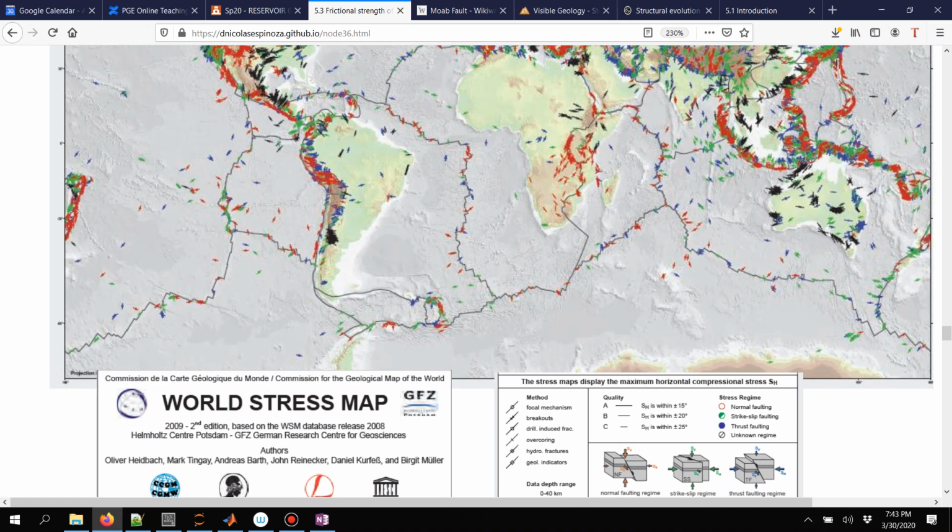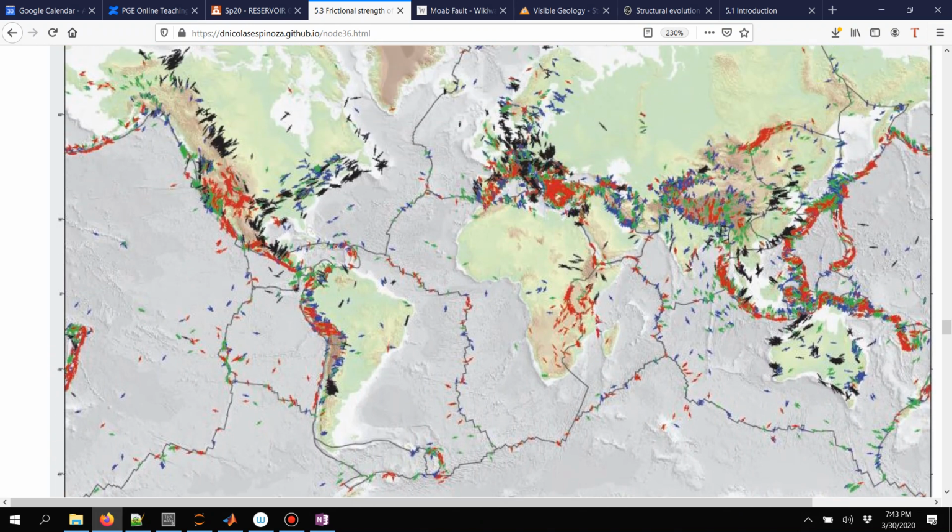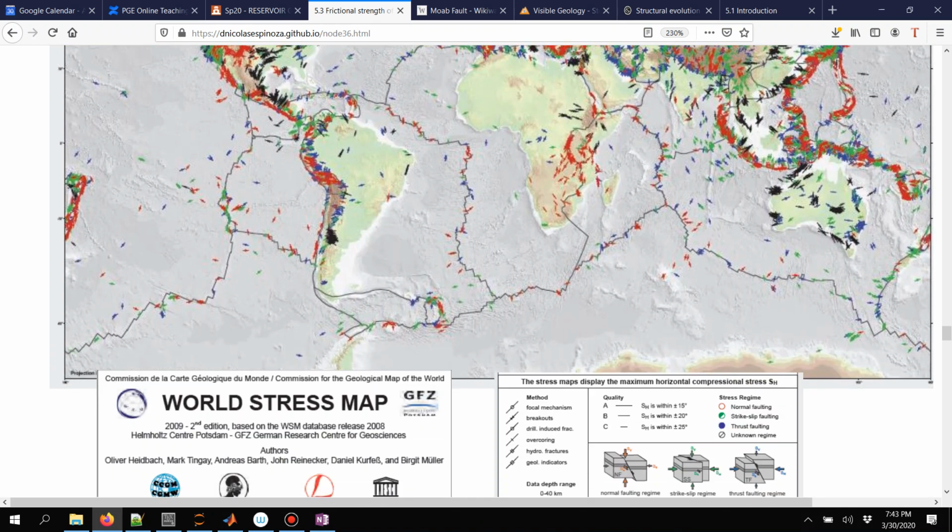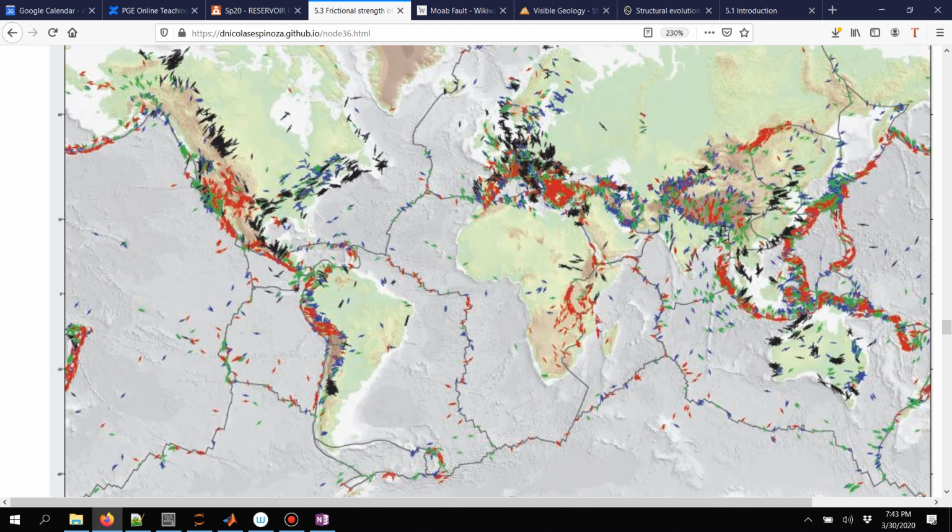in reverse faulting. If you go to some regions, like for example, those that have a lot of thrust faulting and mountain building, that will be the Himalayas here, the Andes over here, some of the Sierras in California, some of the Rockies.